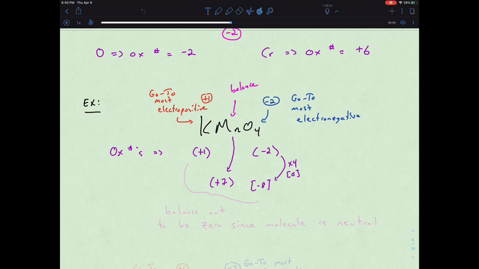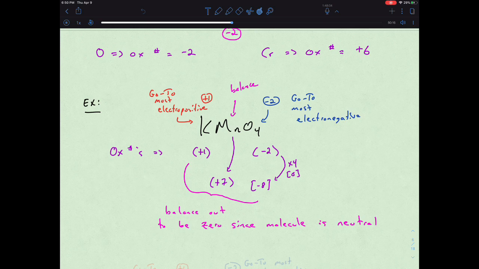And so it's this sum here which balances out to be 0, again, since the molecule is neutral. So if there's charge, it would have to equal the charge. If there's no charge, then it has to be equal to 0, like we see in this particular case.